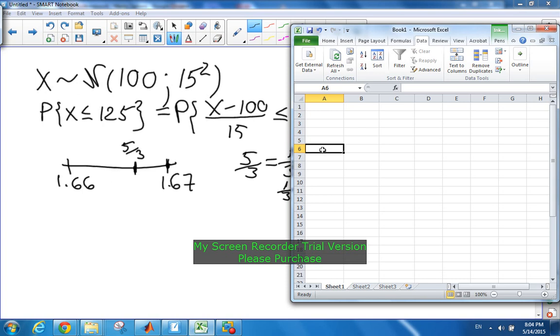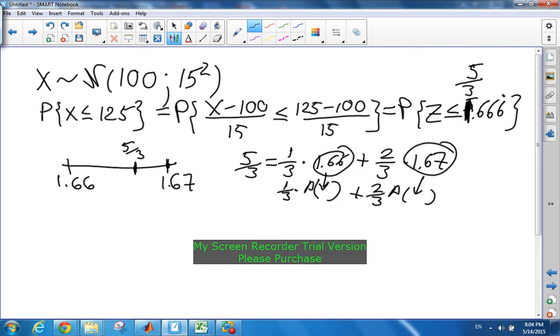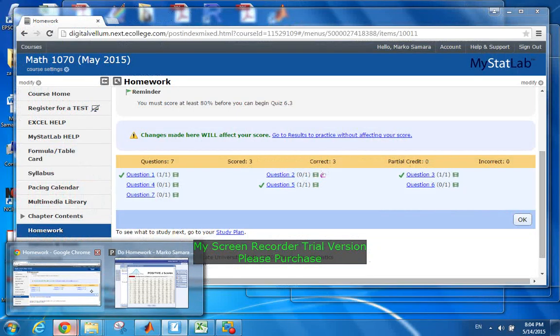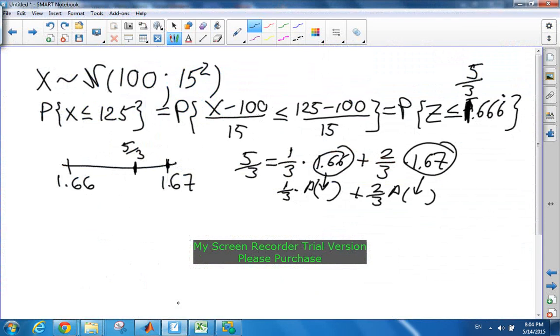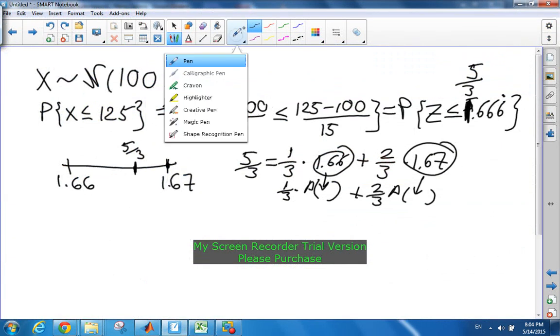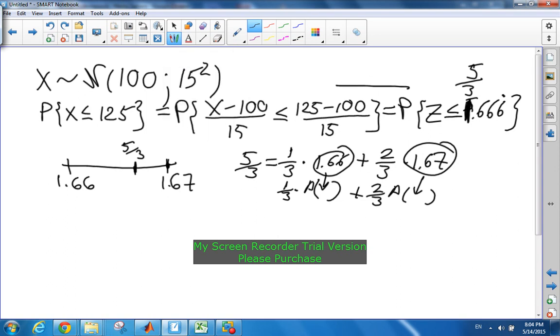So remember, we are looking for the probability of getting a number up to 125 of that original random variable X, which actually means the probability for a standard normal distribution to be less than or equal to 5/3.